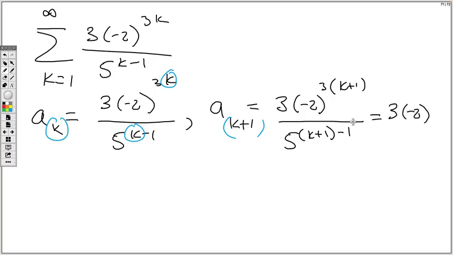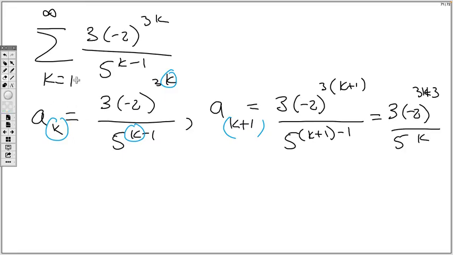So what's going to be the exponent on that negative 2 now? What do you get? 3k plus 3. And what's the exponent on the 5?